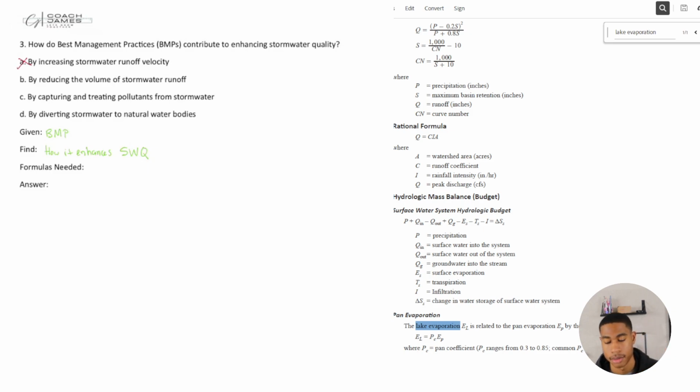That means it could potentially create more flow, more velocity, more force, which could damage pipes and all this other stuff, which could cause flooding and different things. So that's not a best management practice of water, right? Or stormwater quality. By reducing the volume of stormwater runoff, no, it's not doing that.